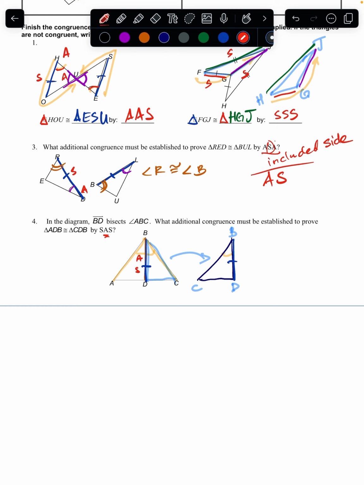So again, the angle has to be in between two sides. Well, then it means that I need to know that this side AB should be congruent to CB. That way I get side angle side, so SAS, right? So again, AB must be congruent to CB.